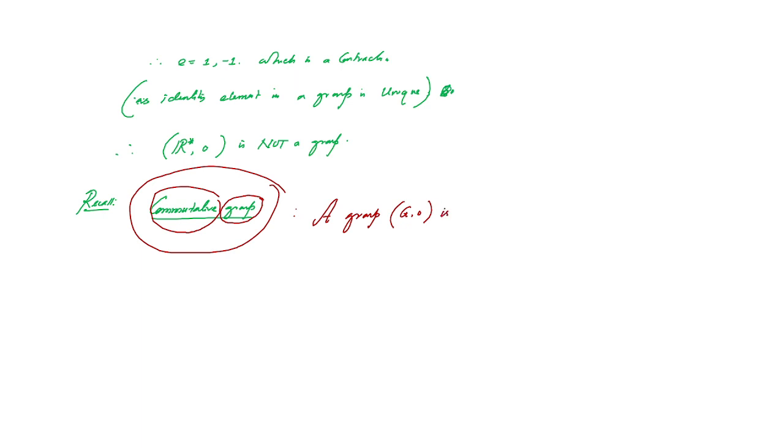And that group is said to be commutative group, or sometimes it is called abelian group, if the commutative property holds. If A not B equals to B not A for all A, B belongs to G.